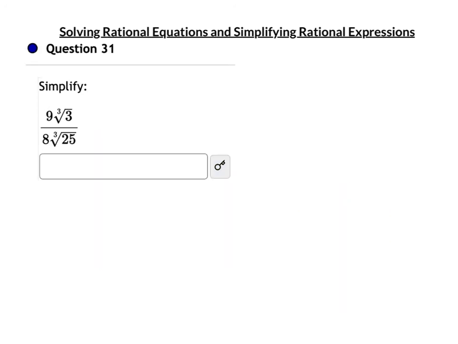Question 31, a little like the previous one. We're going to rationalize the denominator, and we have a 25 below, which happens to be 5 times 5. To make a perfect cube, I only need one more 5. I'm going to multiply the top and the bottom by the cube root of 5.